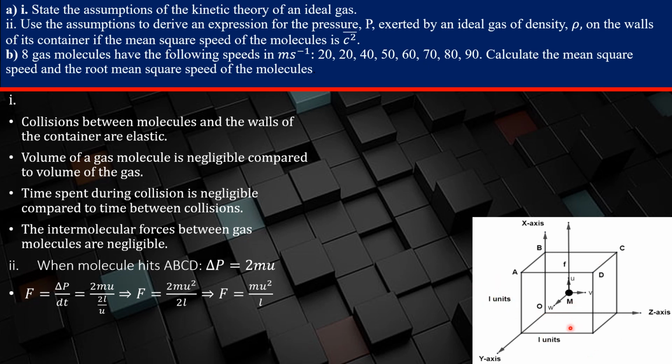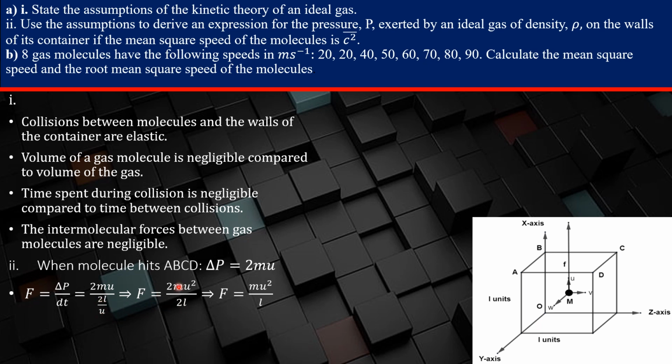So if I'm traveling from this face to this face and then back, the time is the total distance covered divided by the velocity. The total distance covered is L plus L, because you hit and then you come all the way back, so that's 2L, divided by the velocity in this direction, which is just u. So that's why I put the time like that.